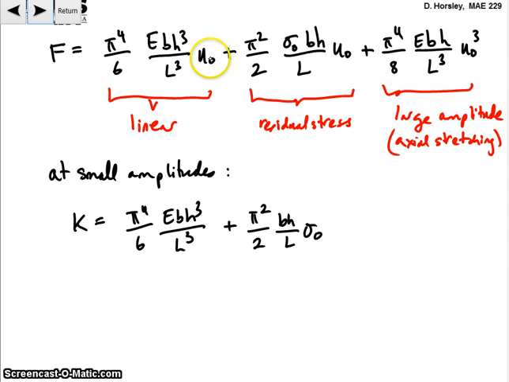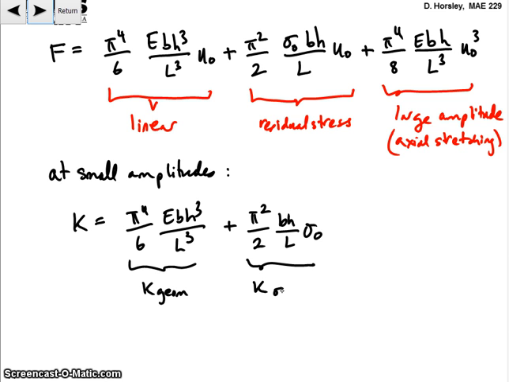Both of these things multiply U naught, so they're like a linear spring term. So this is geometric, and then there's a part that's due to residual stress.